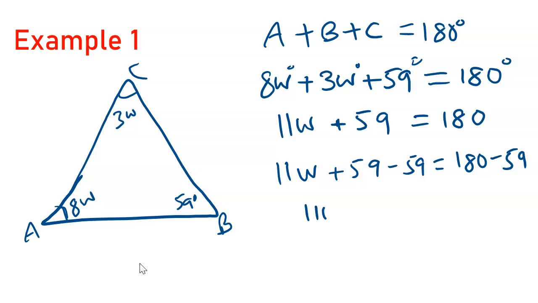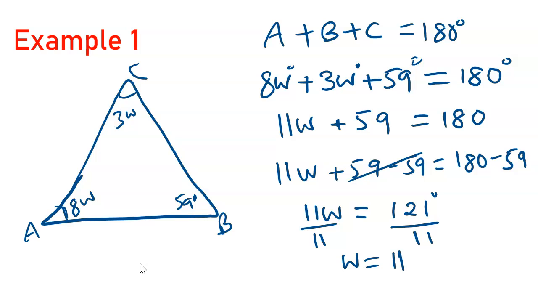So that will give me 11W is equal to, these two will cancel, 180 minus 59, which is 121 degrees. In order to find W, we divide both sides by 11. So W is 121 divided by 11, that is just 11, because 11 times 11 is 121.